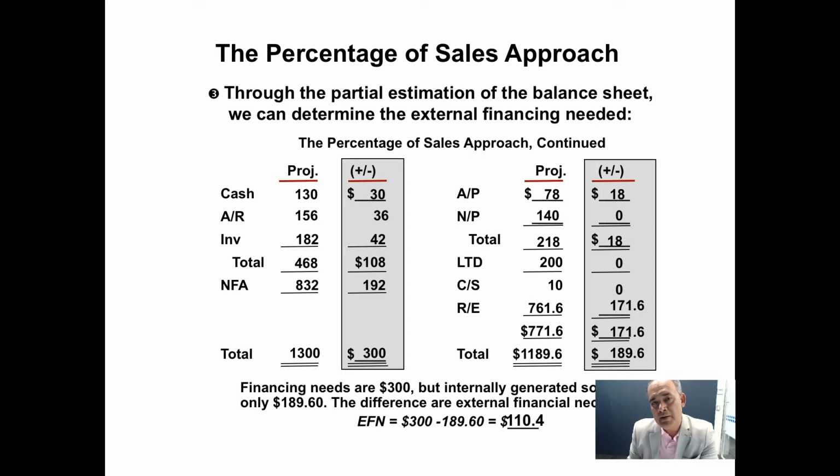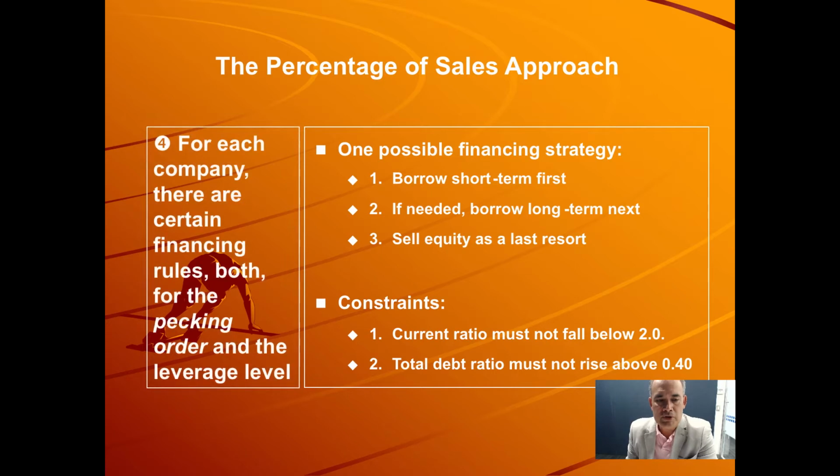Now we are in a position to impose some restrictions on the gathering of debt or equity for the company. What restrictions? One possible way of gathering the external money we need is by using what is called the pecking order theory.